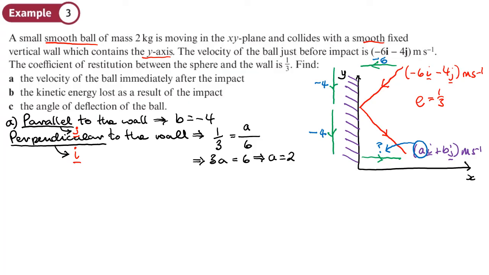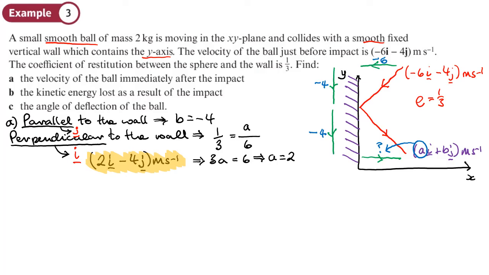So my final answer: my i part is A, so 2i, and my j part is B, so 2i minus 4j meters per second. Okay, now part B is asking for the kinetic energy lost as a result of the impact.